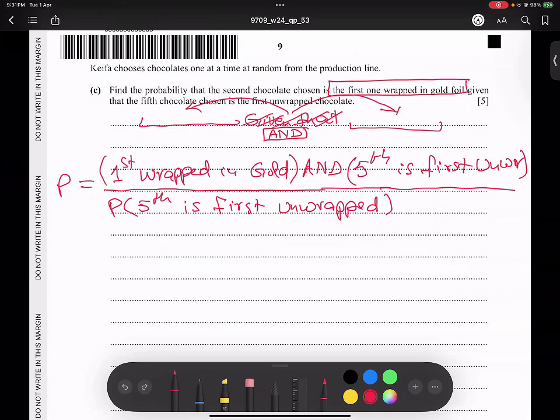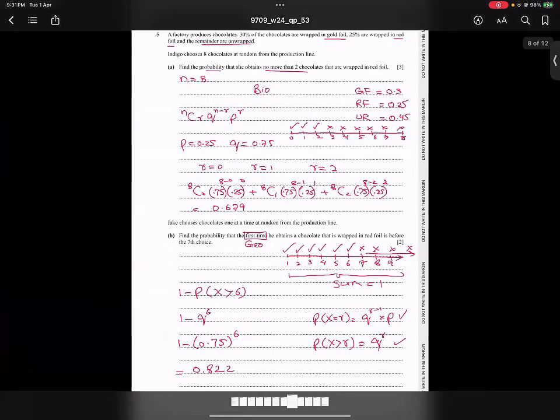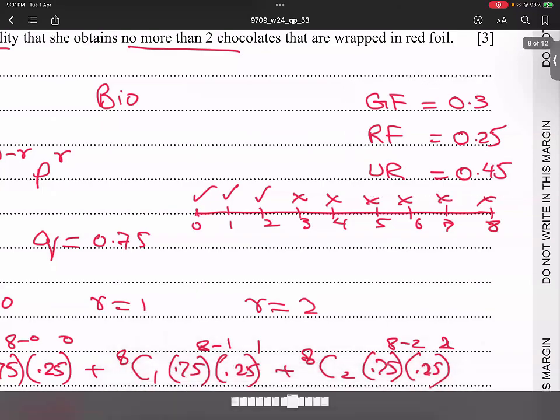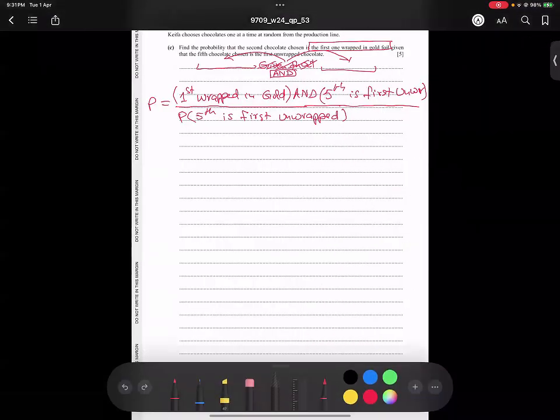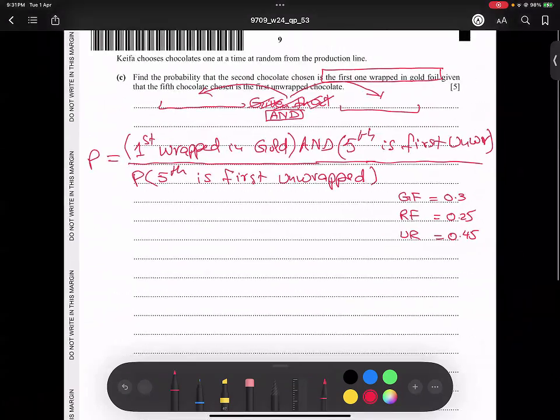First of all, the fifth chocolate is the first unwrapped. Before I start, I go back and bring all these probabilities onto the other page. So these are the probabilities we have. What is the plan?